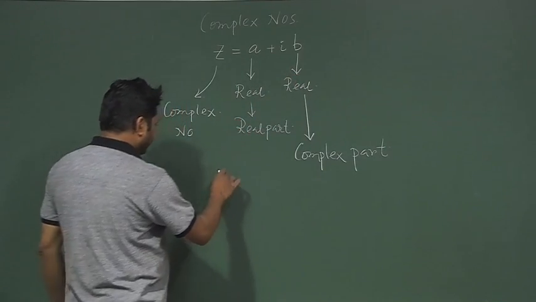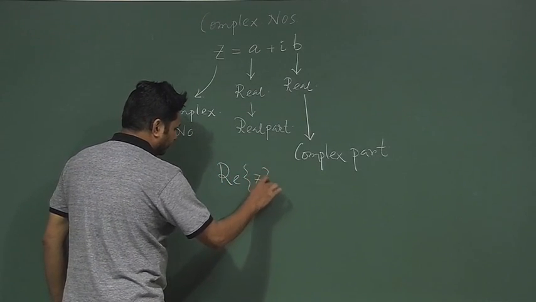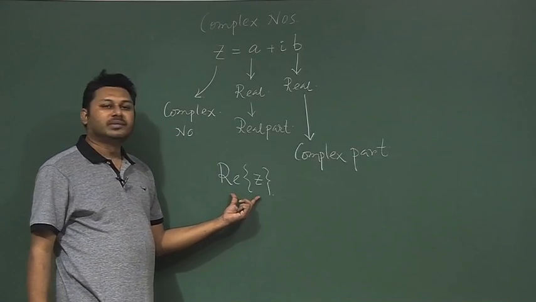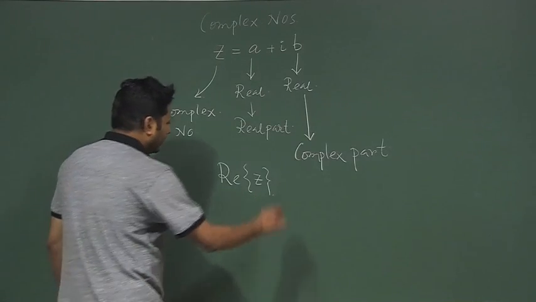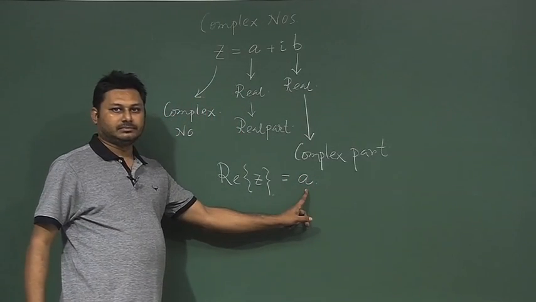If I now write real of z, what I am trying to say is that real of z is nothing but this value a.